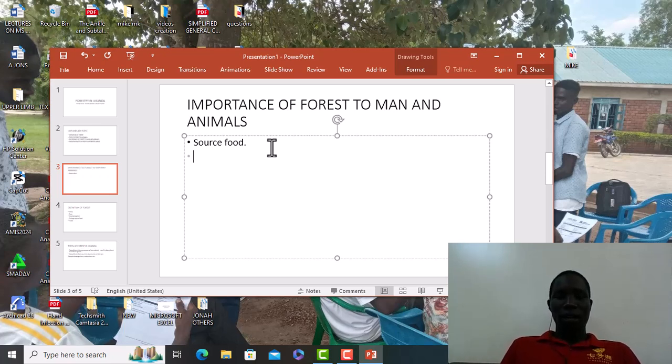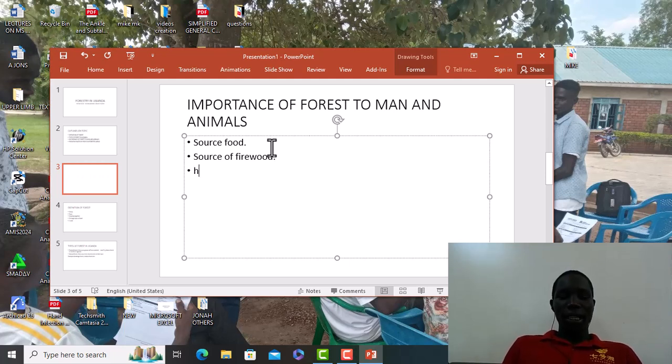We can also talk about being a source of firewood or source of wood fuel. Those are used for cooking.